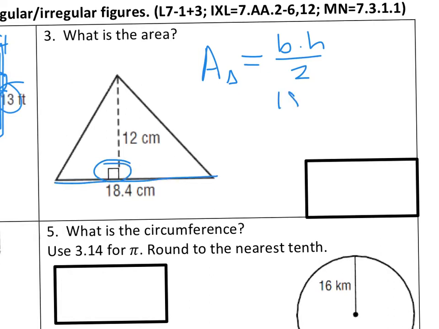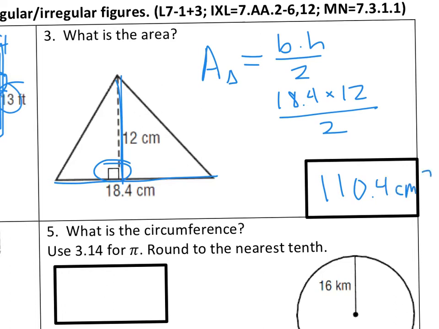That's 18.4 times 12, which is our height. Once we get that, divide by 2. When we do that, we get an answer of 110.4. That's going to be centimeters to the second power again, because we're measuring area. Area is always measured in squares.